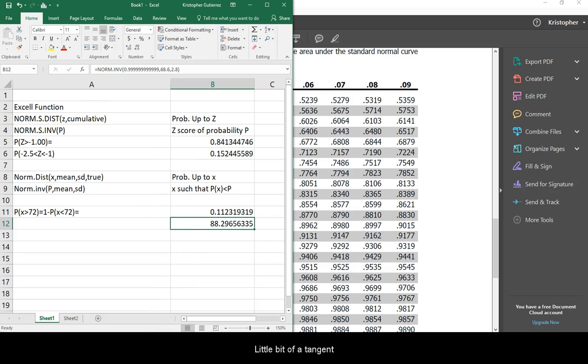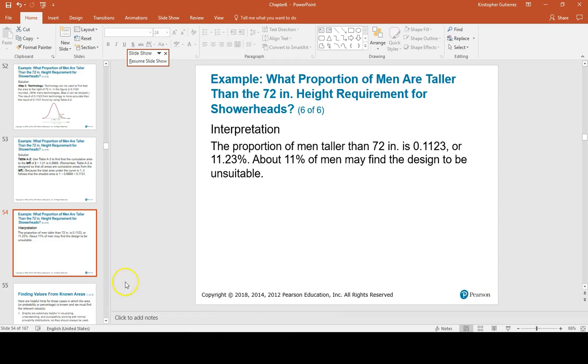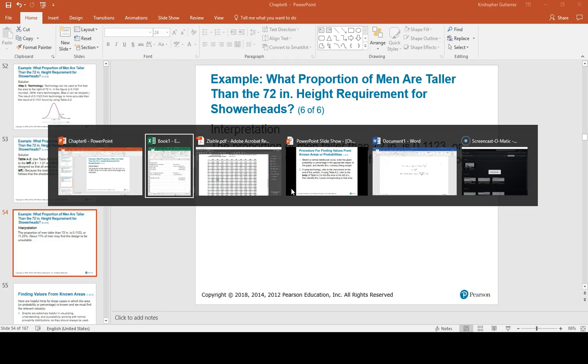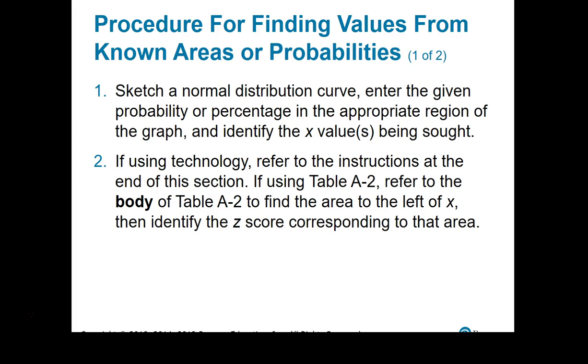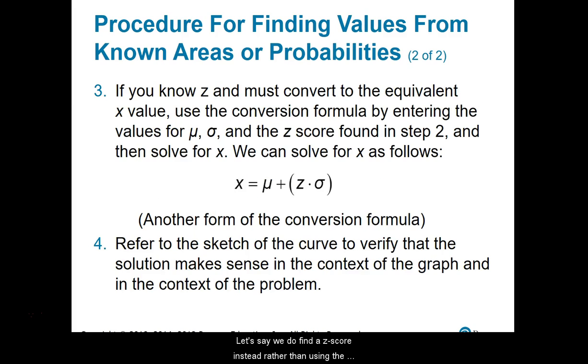Okay, that was a bit of a tangent, but let's go back here. Now, let's say we do find the z-score instead, rather than using the direct inverse like I did. The direct inverse is very nice. You will not be able to use the direct inverse on an exam, though, unless you figure out how to do it on your calculator. Should you figure out how to do it on your calculator? I would say yes. It could be useful.